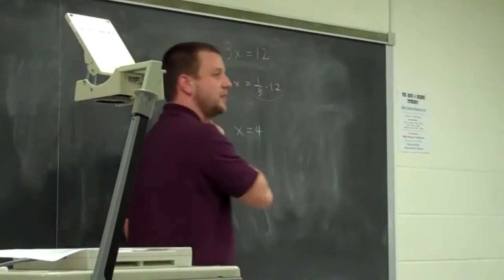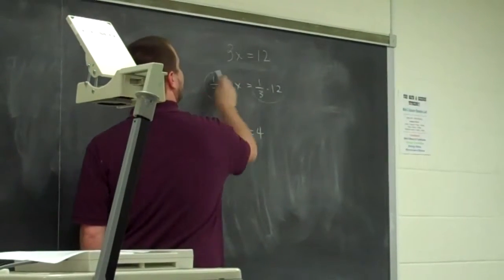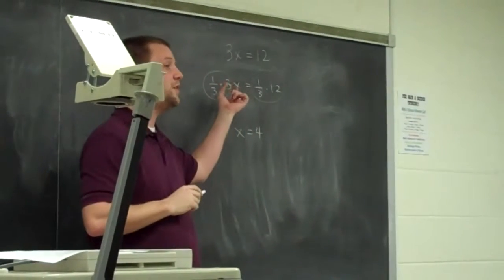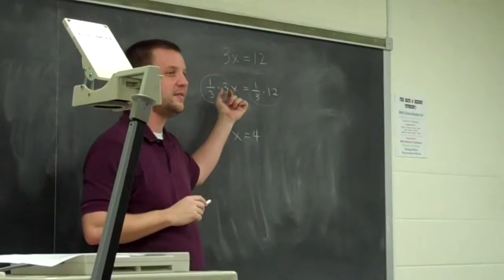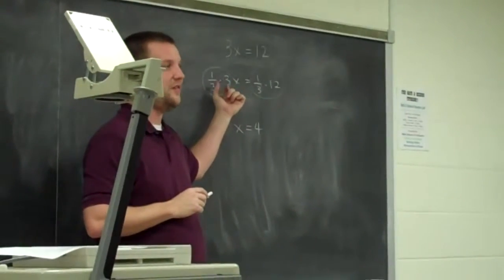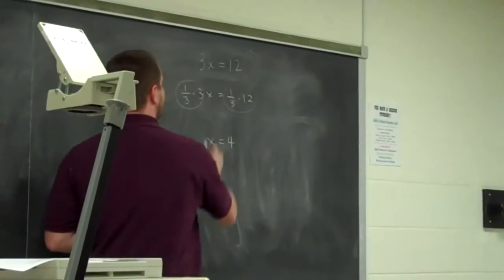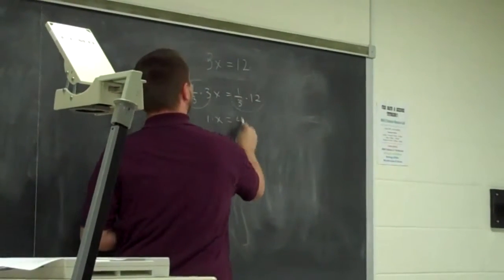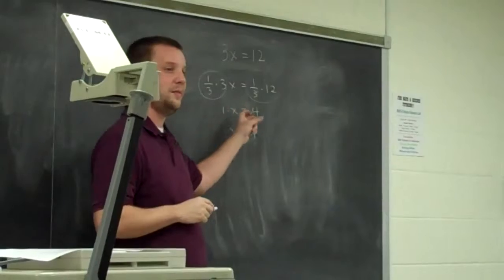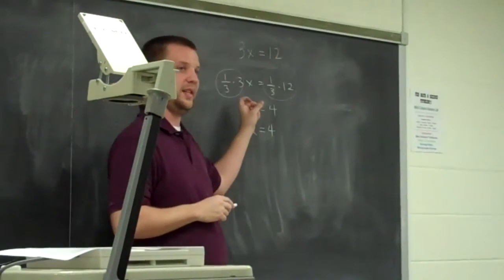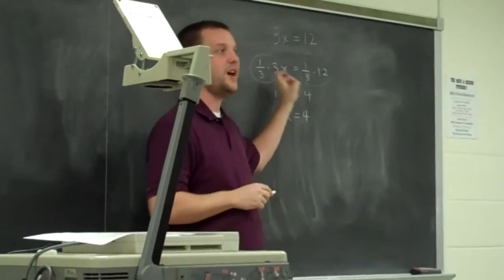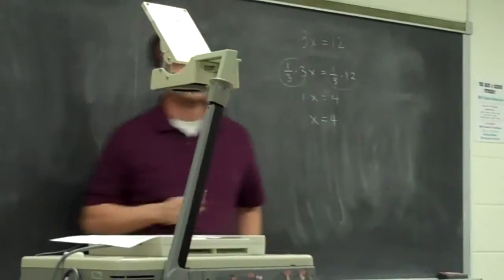Yes, I agree with that 100%. But what's this? These are multiplicative inverses, are they not? And when I multiply multiplicative inverses together, what do I get? I get 1. And if 1 times x equals 4, 1 times anything is that number because 1 is the multiplicative identity, correct? Let's go back here now.